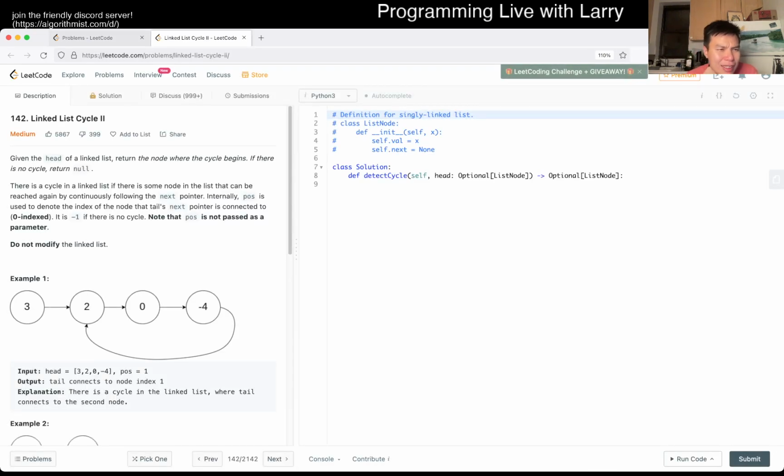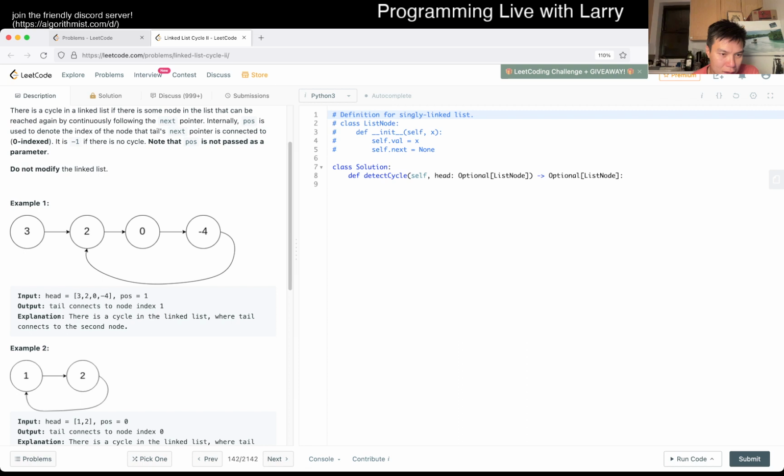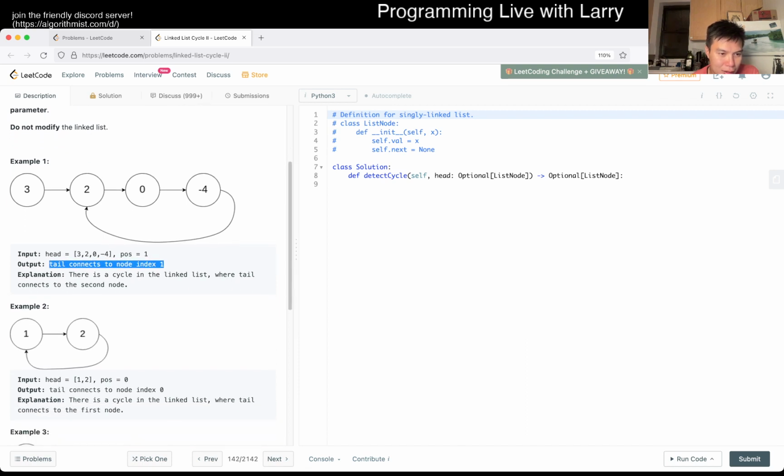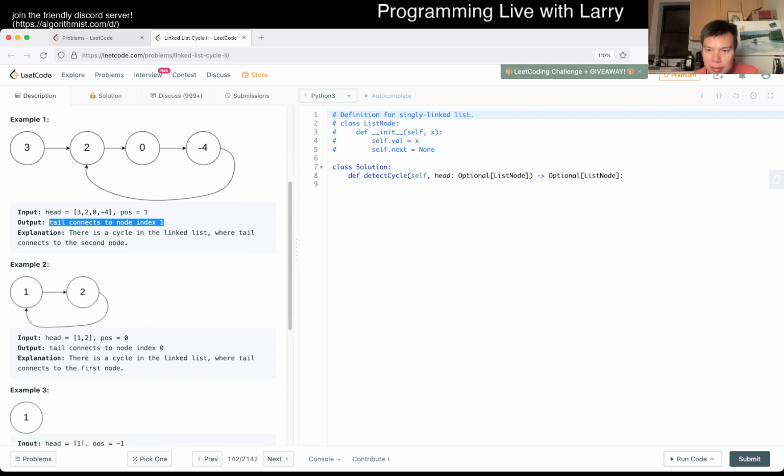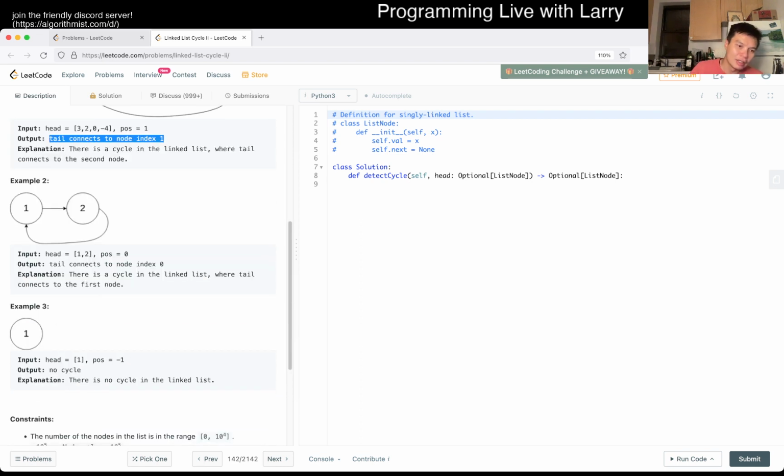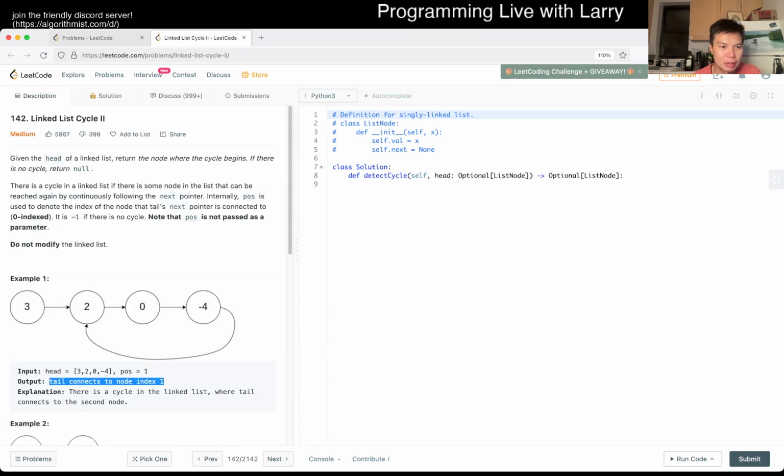Today's problem is Linked List Cycle 2. So the second one, is that the one with the pointer? Yes. We're doing the node, right? Okay. Yeah, so what is -1? Is it just return none?